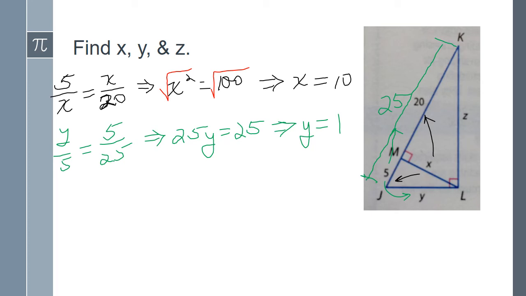We're going to say that 20 is the geometric mean between z and 25. Oh, excuse me. I'm being distracted a little bit here.